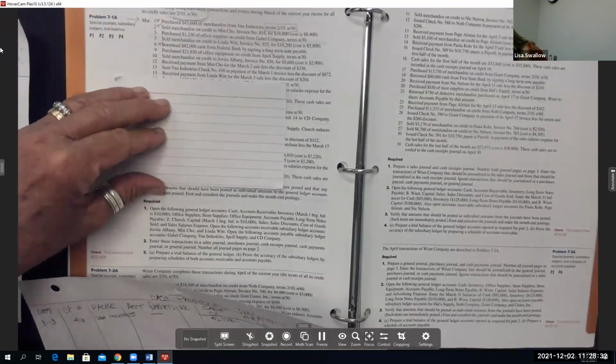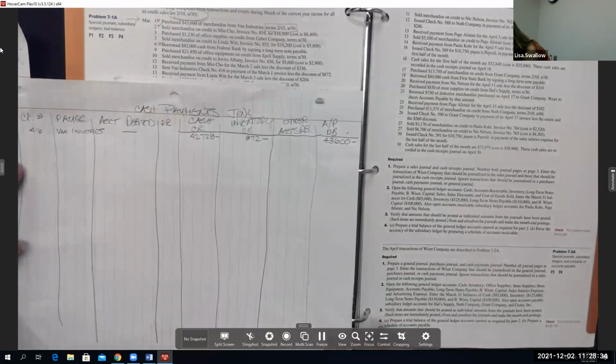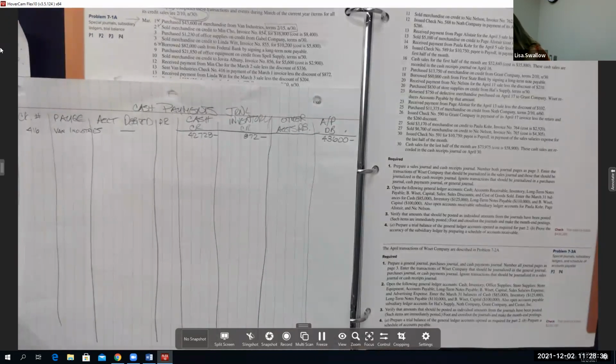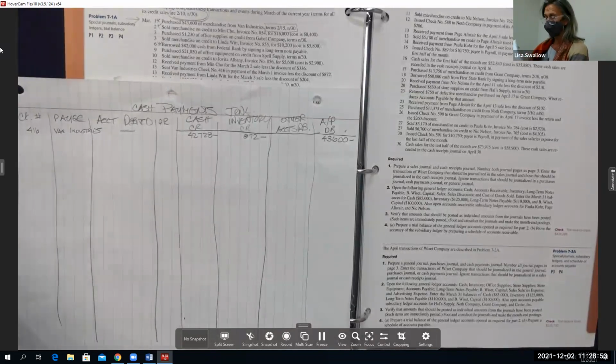Hayden, I'm on the 13th now for the second journal entry. I received payment from Linda Witt for the March 3rd sale, less a discount of $204. Does this impact cash? Yes. Cash receipts or payments? Okay, now I'm getting money from somebody that owes me and they've paid within the discount period.